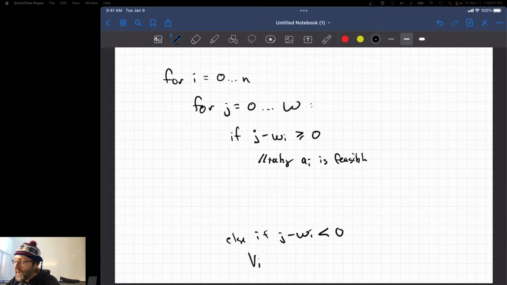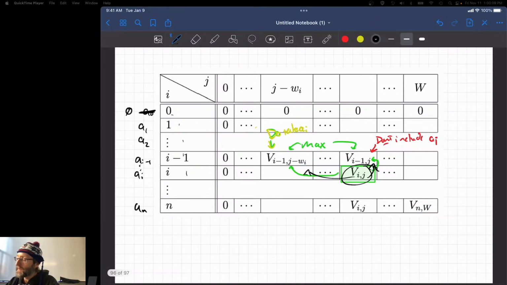Then v sub ij ends up being v sub i minus 1, j. Again, if it's not feasible, then you have no choice. Don't take a sub i, in which case the value is just copied from the one right above it.